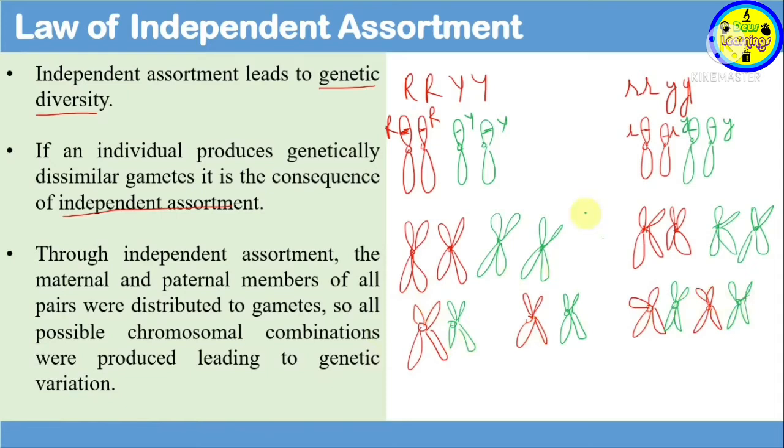Hope you studied. So this was interphase, and then we have meiosis 1, and from here meiosis 2. And when meiosis 2 happens, we have separation of sister chromatids, isn't it?